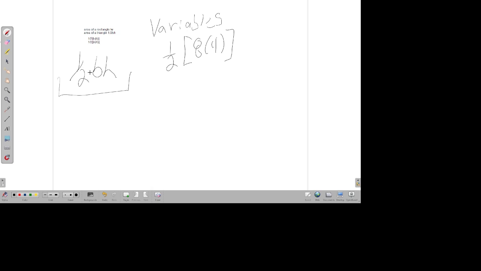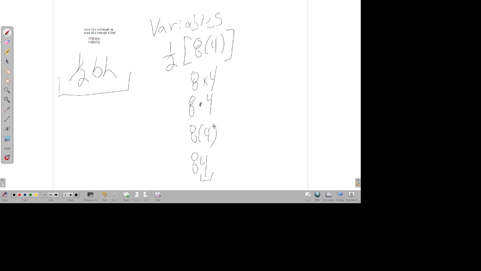Multiplication is one of the most confusing things because there's so many ways to write it. You can write 8 times 4 with a times sign, with a dot, or with parentheses. You could write the 8 and the 4 right next to each other, and technically it would be kind of correct, but it's really confusing because that looks like 84.